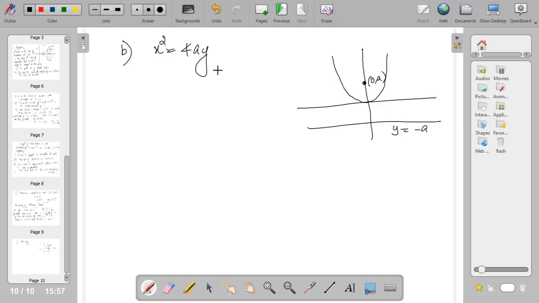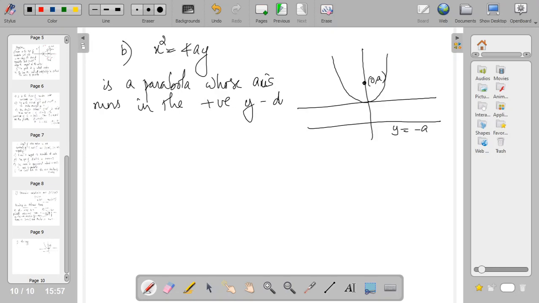So x square equal to 4ay is a parabola whose axis runs in the positive y direction and the focus is 0, a and the directrix is y equal to minus a.